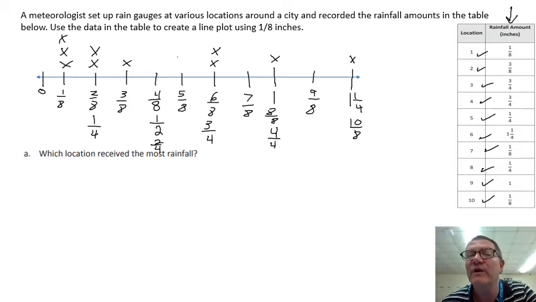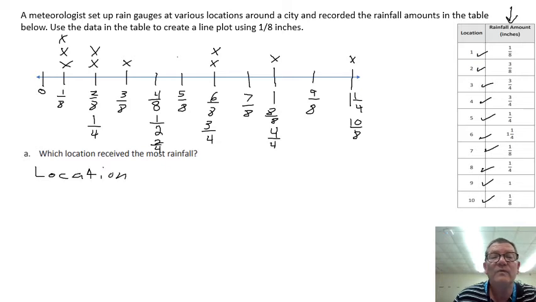So I come back over here to locations, and I can see that it's location 6. And that's coming from our table over here because it wants to know which location. And I can see by looking at my diagram that the largest amount is right here, 1 1/4.